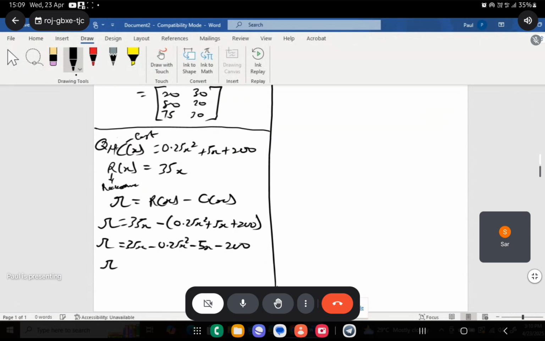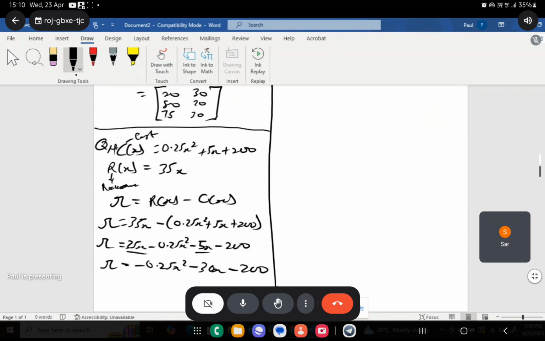So we group like terms. This and this, they are like terms. So we get minus 0.25x squared, and 35x minus 5x will give you 30x, minus 200. Please, you understand?